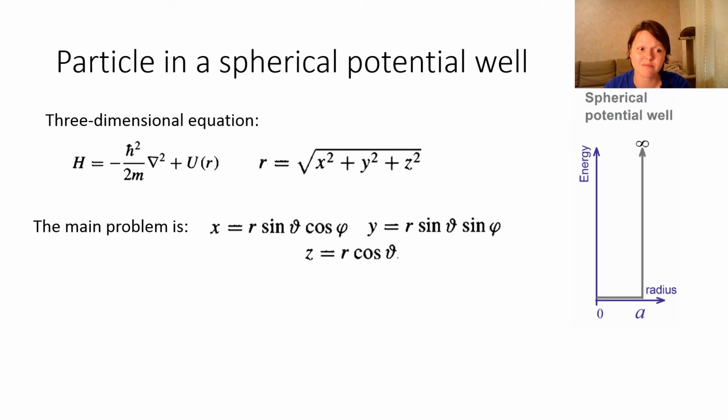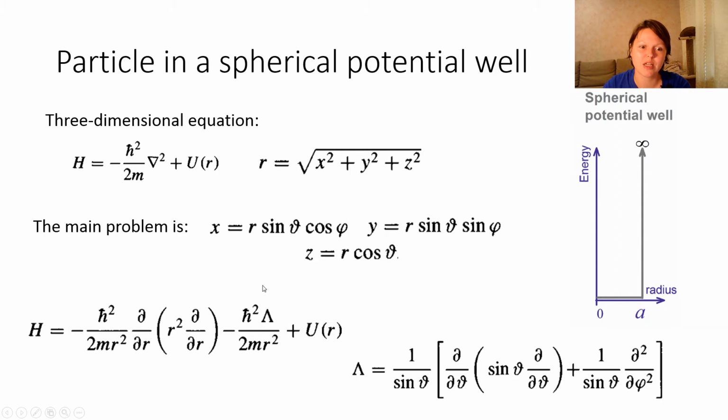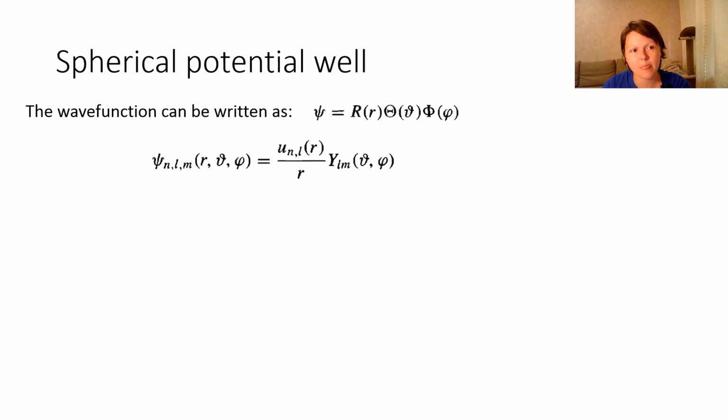If we transfer our Hamiltonian from the linear arguments to the radial arguments, we will obtain these two equations that are really big and very hard to solve. So let's try to simplify them. If we simplify the wave function from that Hamiltonian, we can separate it into three functions of three different arguments.